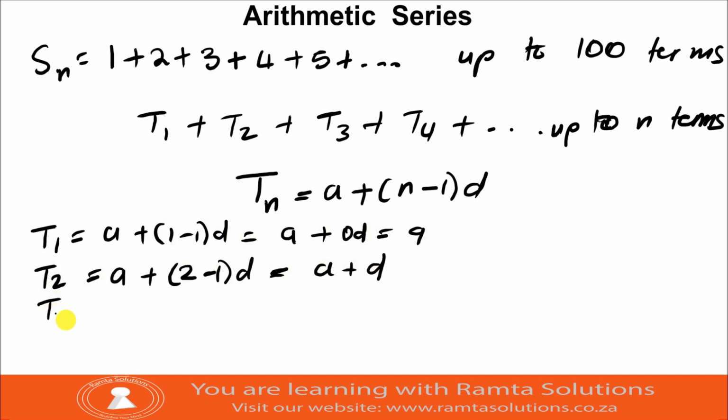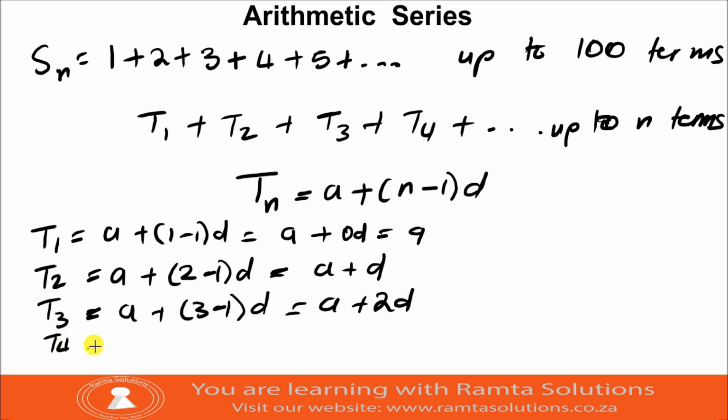Term 3 would be a plus 3 minus 1 times d, which is a plus 2d. What about term 4? It'll be a plus 4 minus 1 times d, which is a plus 3d.